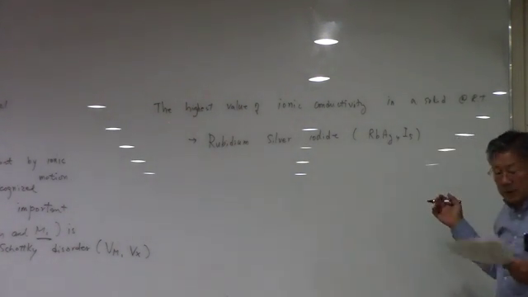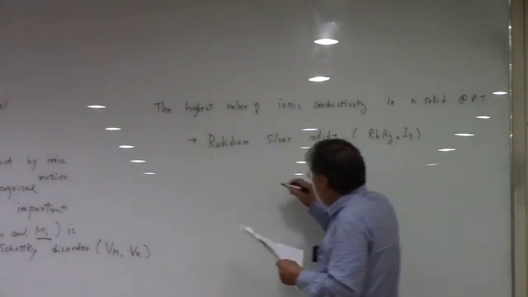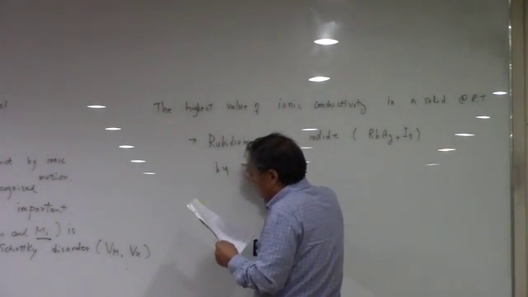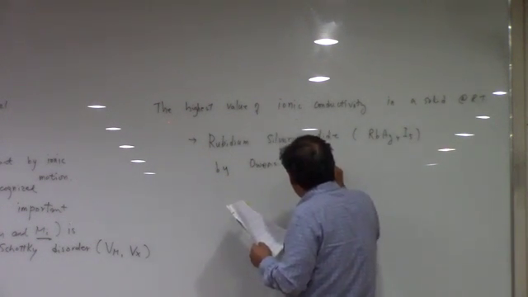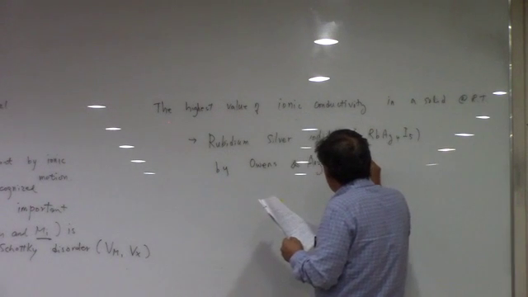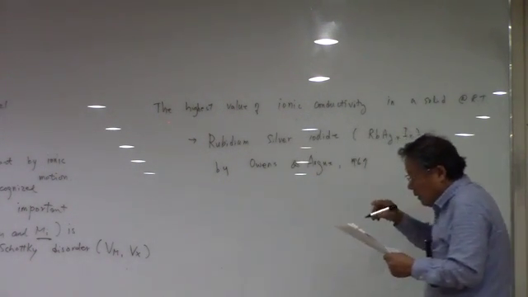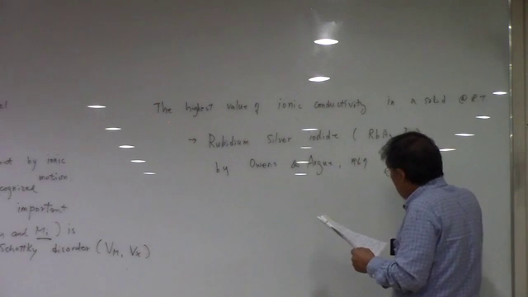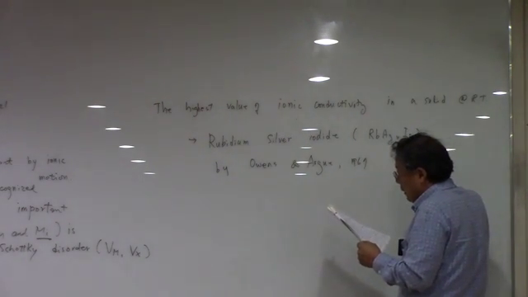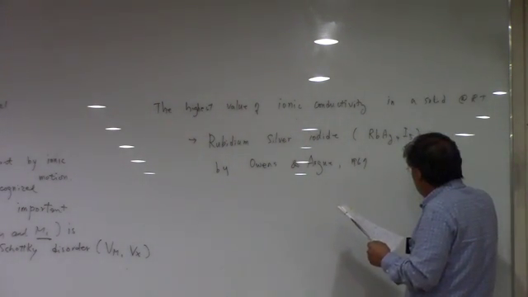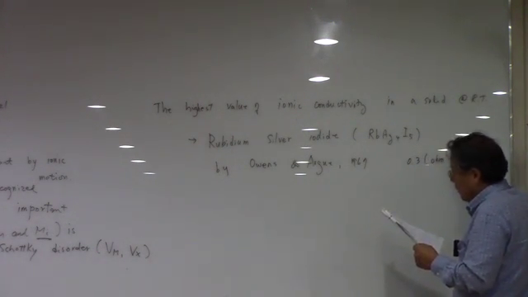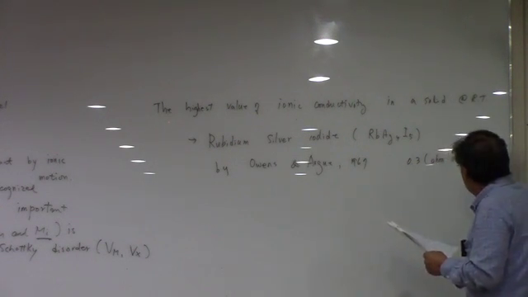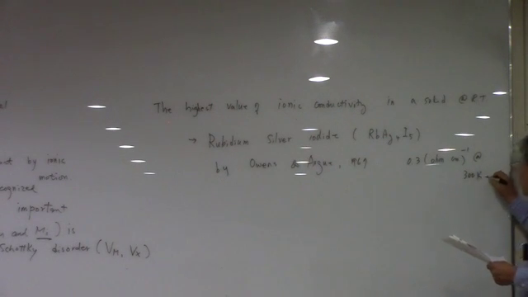Wow, these are really weird materials. Whoever invented those materials. That has been measured by Owens and Argue in 1969, and it turns out to be 0.3 per ohm centimeter at room temperature.